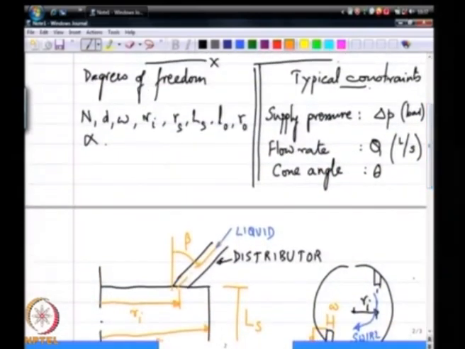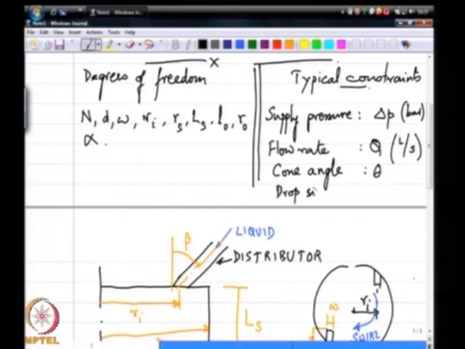And in more recent instances, you may have some sort of an indication of a requirement coming from drop size. I will use a script D for this. Although we will very quickly see that it is going to only be known after the fact, not really controlled during the design process.